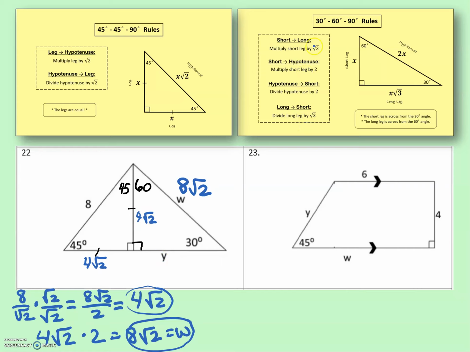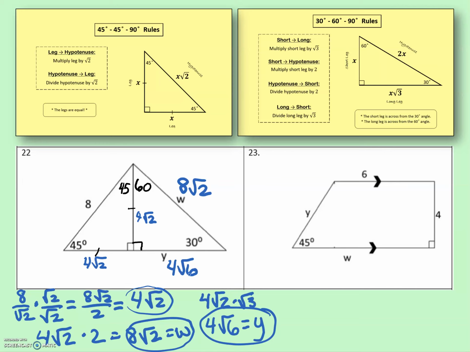To get from short to long, we multiply short by root 3, so 4 root 2 times root 3. Just multiply the radicals together, we get 4 root 6, and that's going to be our value for y. Okay?